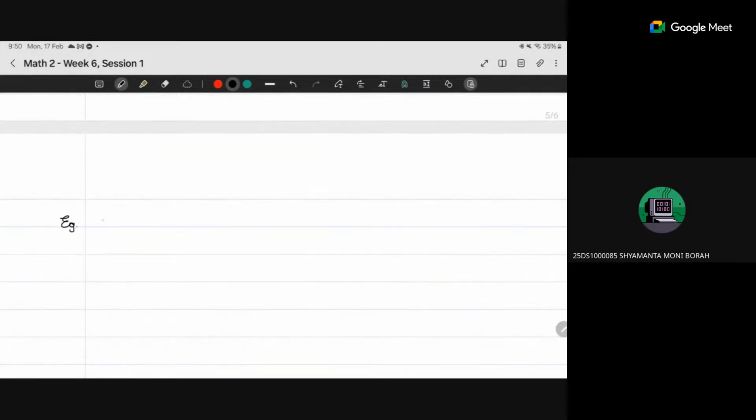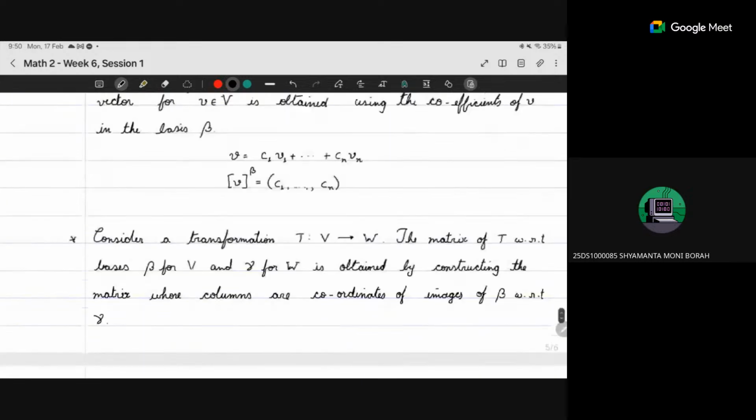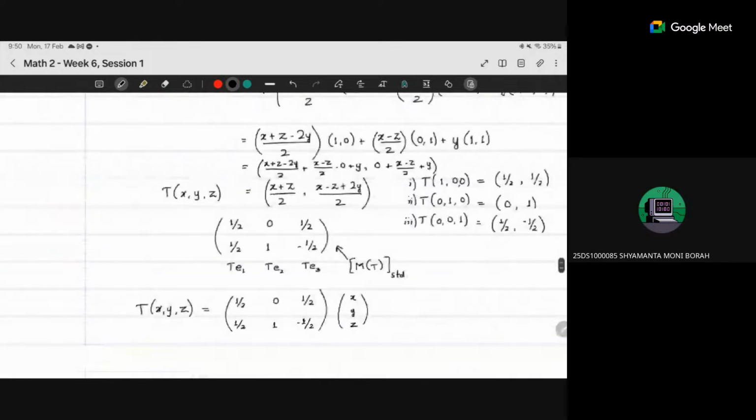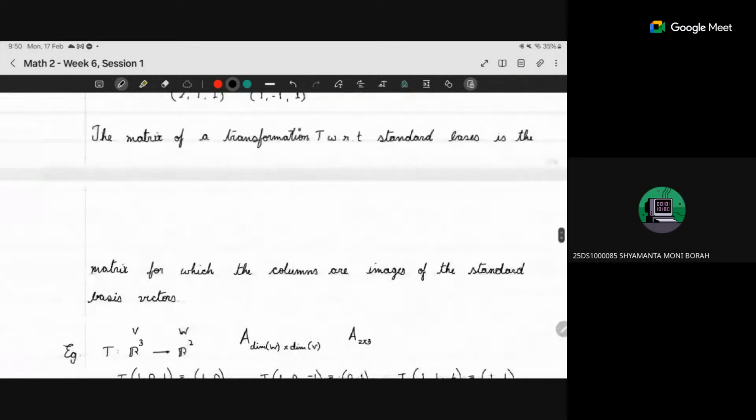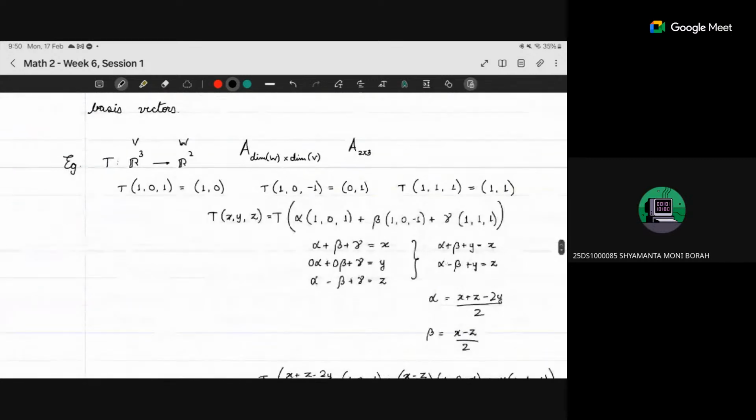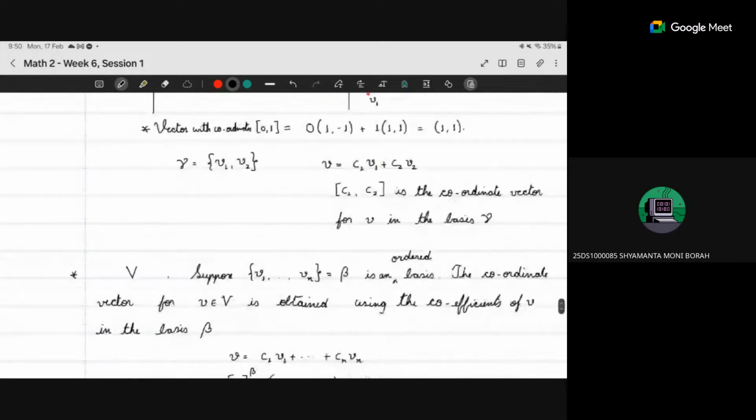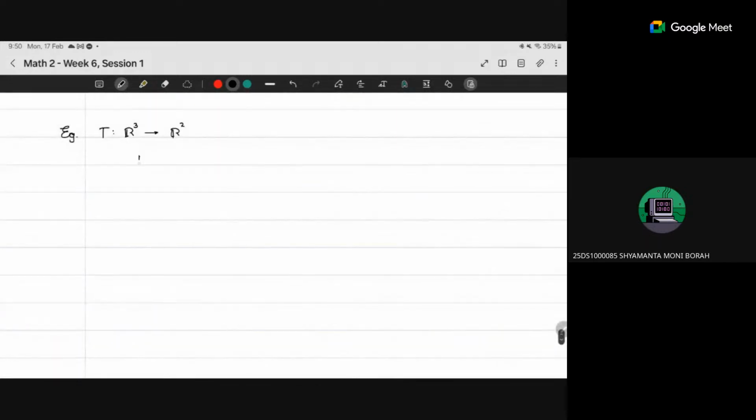Now, consider the same example which we did, from R3 to R2, I think. The same thing. What was it? 1, 0, 1, 1, 0, minus 1, and 1, 1, 1. 1, 0, 0, 1, 1, 1. Hopefully, I will not make any mistake.